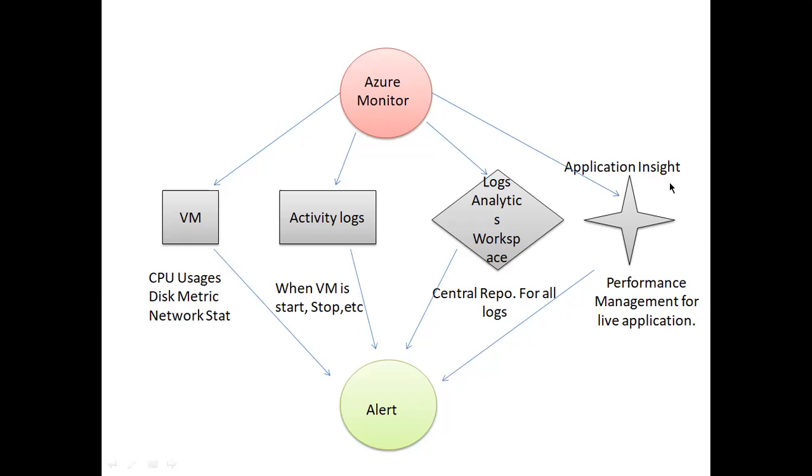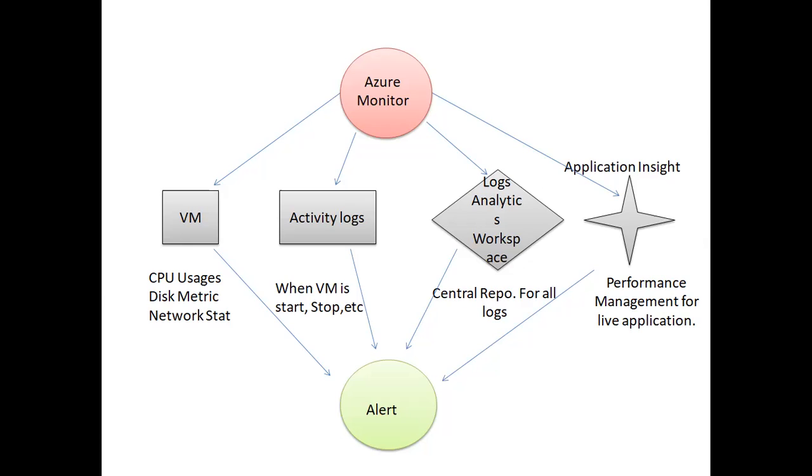Then application insights. Basically, in application insights we use a URL for monitoring the performance of a live application. Suppose any website like www.google.com is hosted. How do we monitor that website? In the case of a company or a large enterprise, there are hundreds of websites.